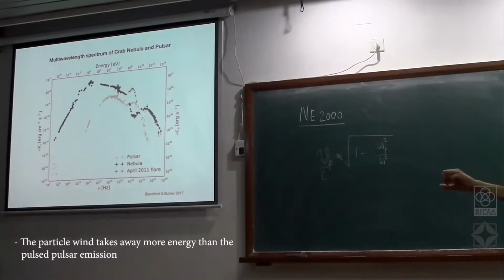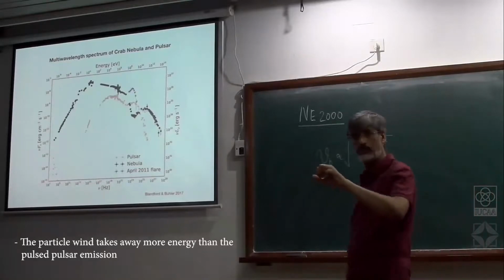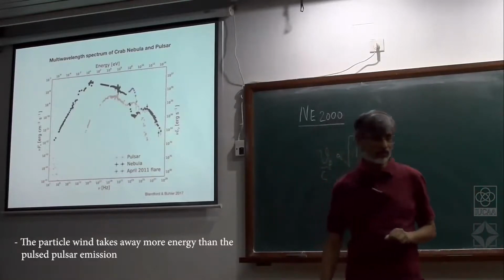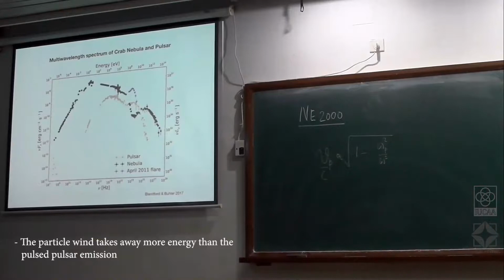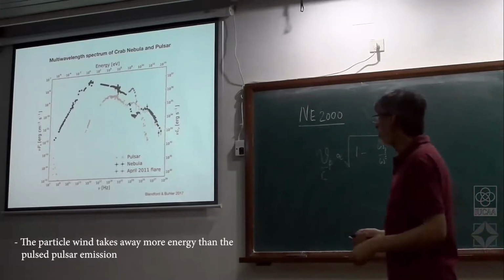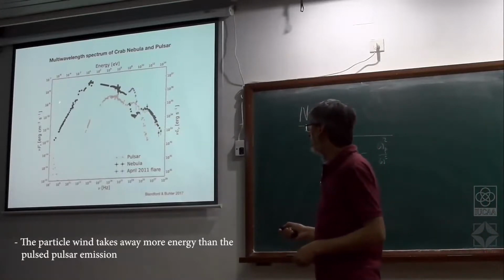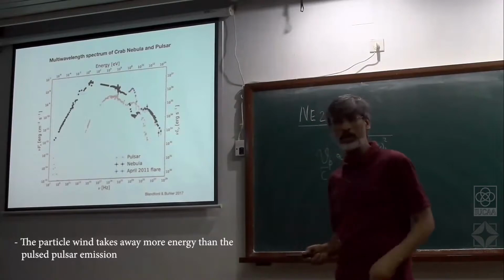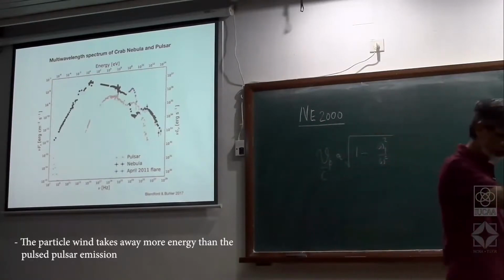So we have a pulsed component from the pulsar. You get a certain luminosity. Then a non-pulsed steady component, diffuse luminosity from the nebula, which is at least an order of magnitude higher in the case of the Crab.